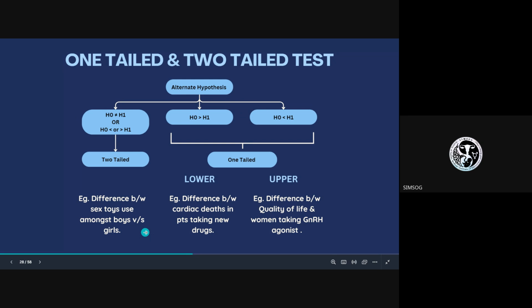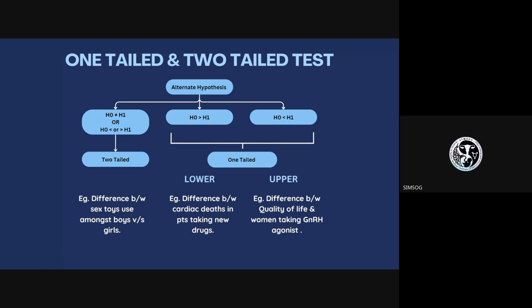I do a study which wants to see whether there's a difference between the toys used by boys and girls. I don't care whether boys is more than girls or girls is more than boys. I just want to see whether it's equal or not, if there's a difference or not. In such a case, I would go for a two-tailed test, wherein your null hypothesis would just say that A is not equal to B.